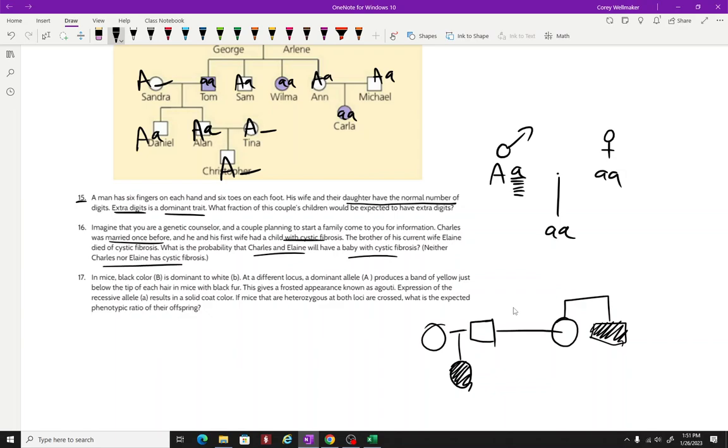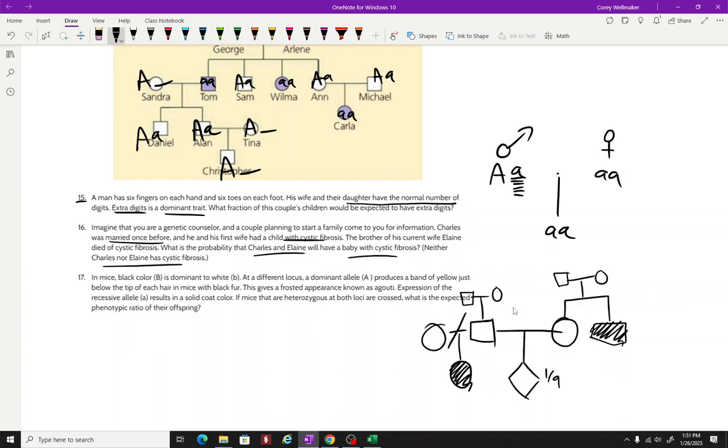Right? This is basically the same question as the one that we did before. So their child. So these parents are carriers. These parents are carriers. So it's 1/9.